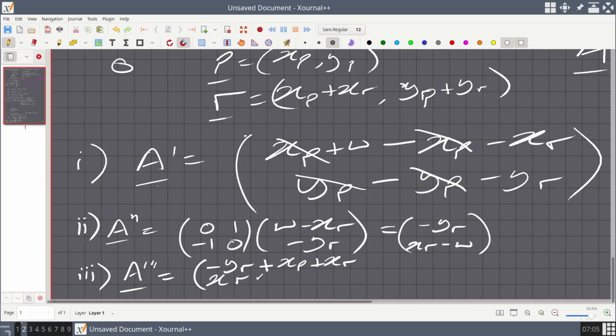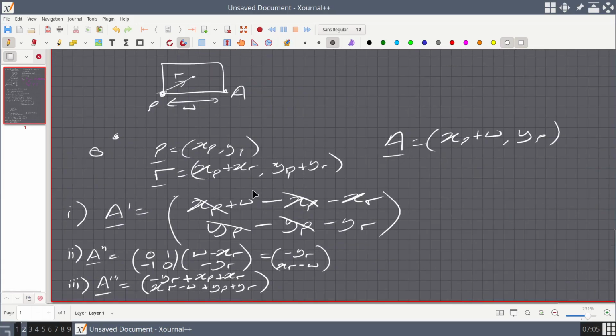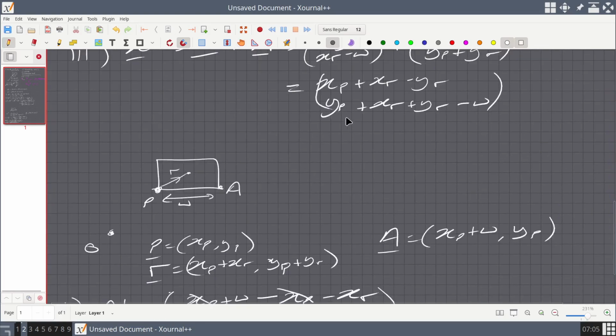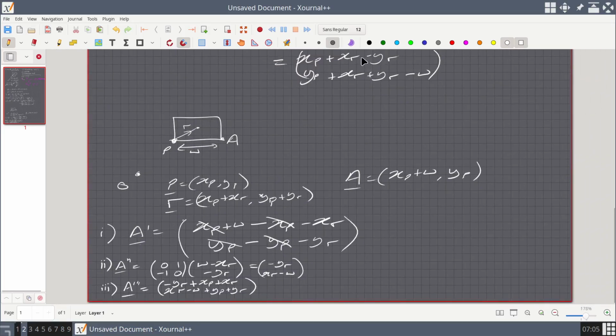And we have XR minus W plus YP plus YR. Is that the same thing we got the first time we worked it out? Zoom it out. Minus YR plus XP plus XR. XR minus W plus YP plus YR.